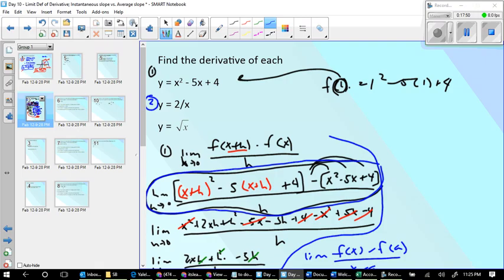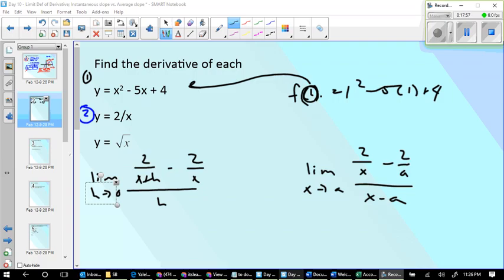So I have 2 over x. These should be the two equations that you are starting with. Go ahead and check yours, and if it's not correct, make some corrections and then work through the algebra for each one of these, and I will cast the answer up here in a moment.